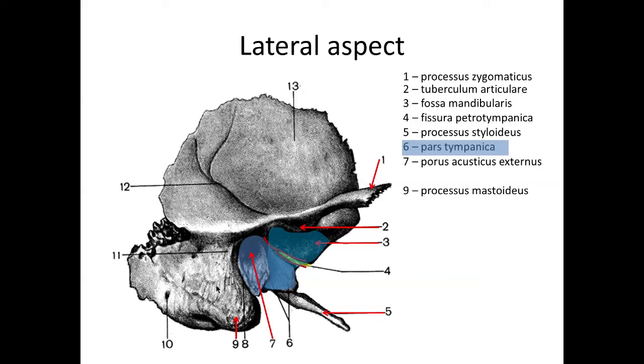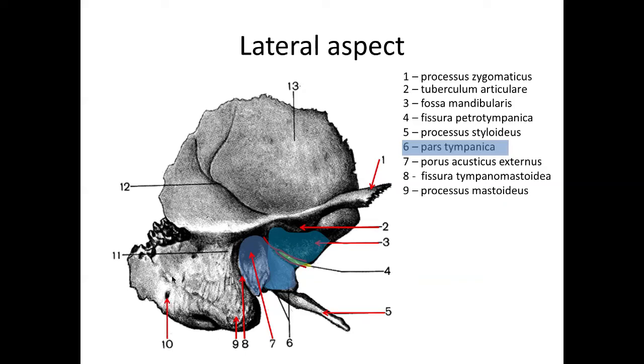Then next structure is number 8. What is it? If this is processus mastoidus, that means number 8 fissure. Fissura tympanomastoidea, because this pars tympanica, mastoid process, so fissura tympanomastoidea. Okay.